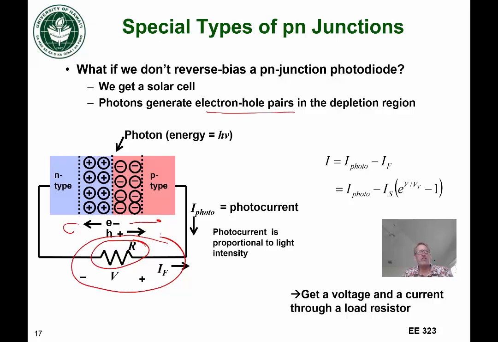This is essentially how all photocells work. There's a lot of detail that goes into the materials to optimize the chance that a photon is actually going to generate this electron hole pair, because most of the photons that hit the semiconductor will not. So you try to increase the likelihood of that happening through careful material engineering.